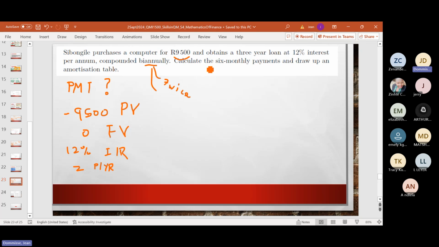Then here they said 6 monthly. That's biannual, and it is for 3 years. One nearly misses that n equal to 3, because it is not a number but in words. So it is for 6 periods. So one could have worked that out to see what your payments will be.